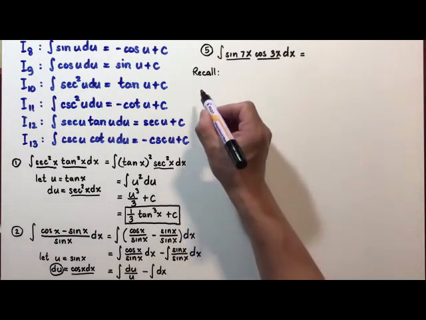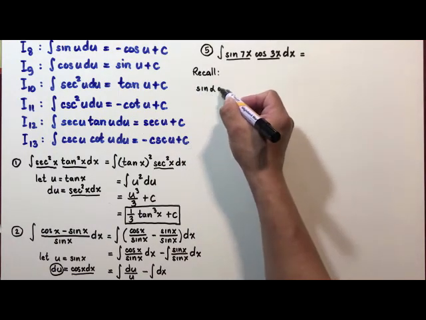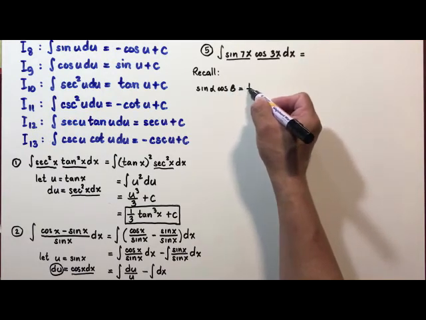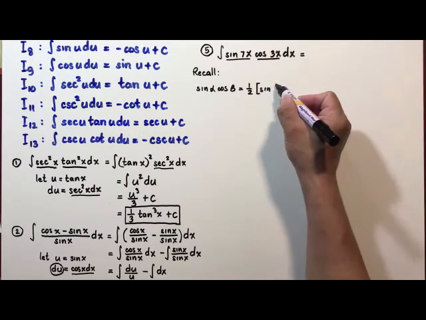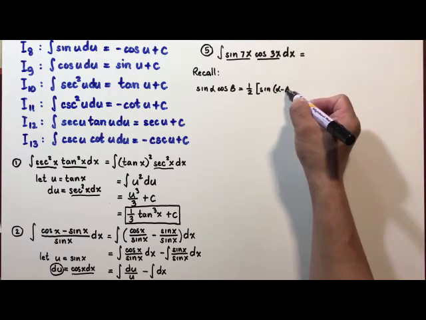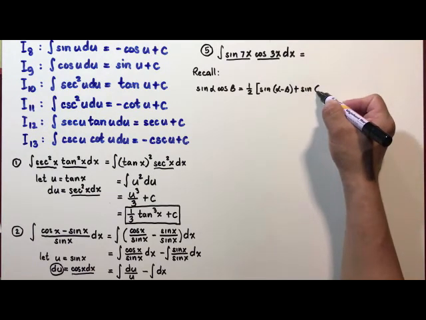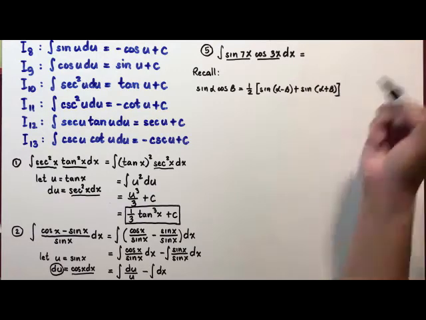Like we know that sine alpha times cosine beta is equal to 1/2 times the sine of alpha minus beta plus the sine of the sum of alpha plus beta here.